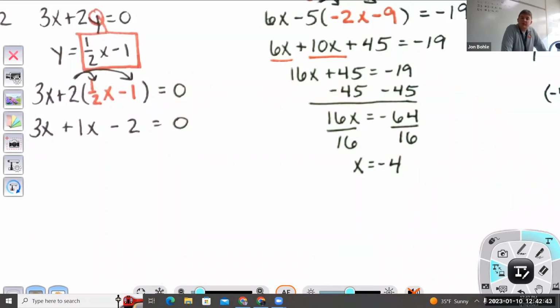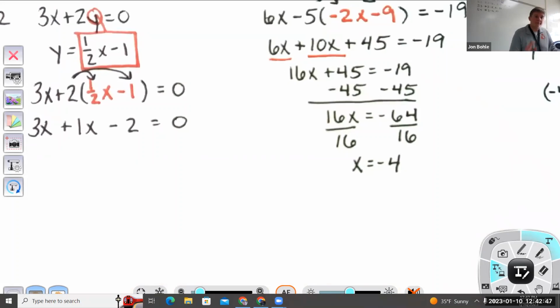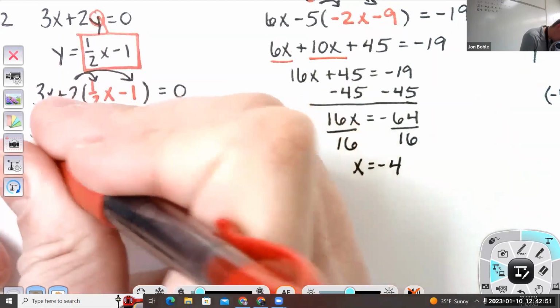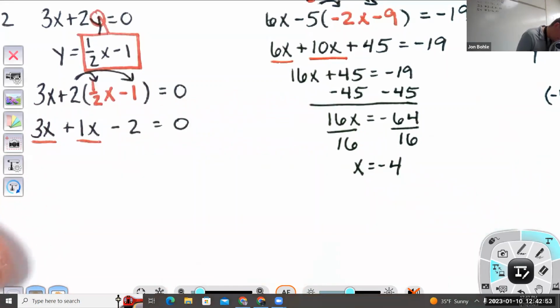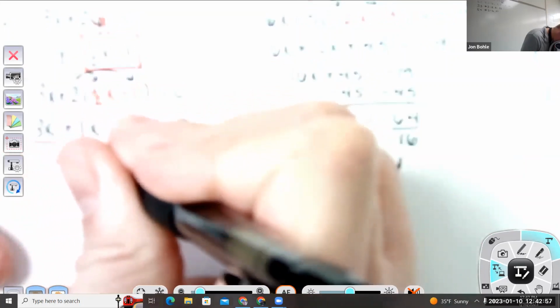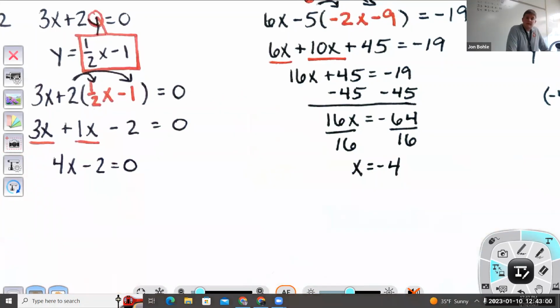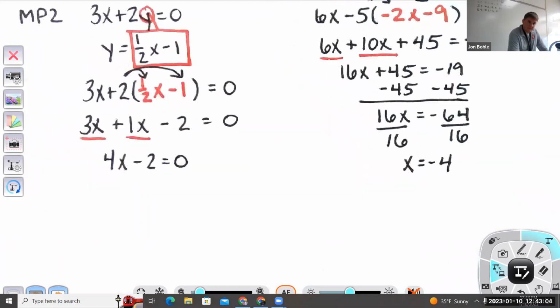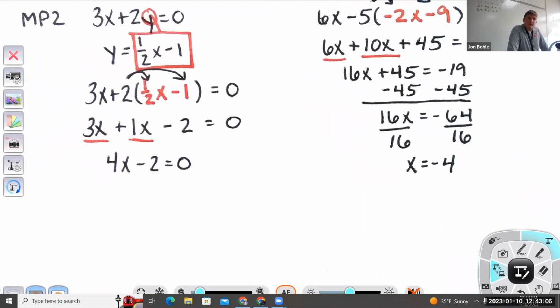All right. Do I have like terms? Yes. What are my like terms? 3x and 1x. What do 3x and 1x combine to? 4x. What do I do to solve at this point here?